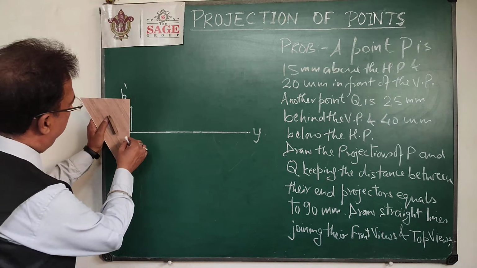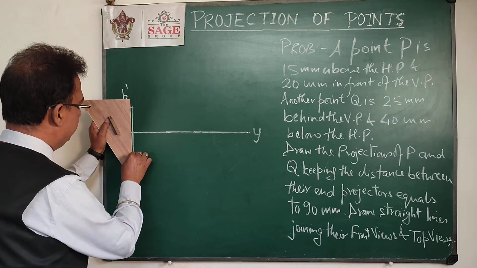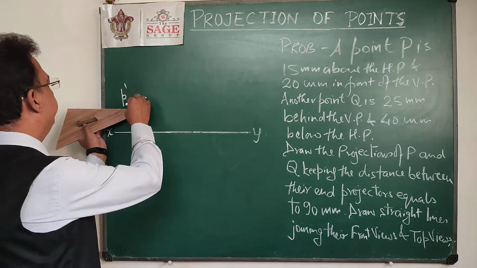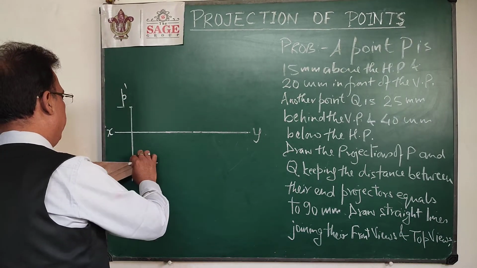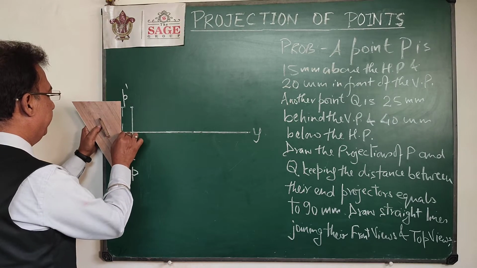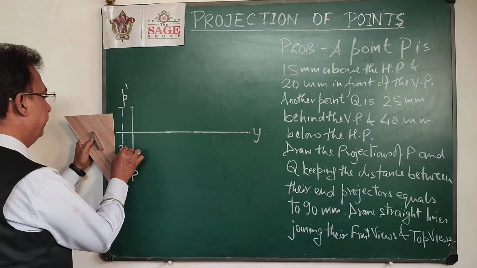Then that point is 20 mm in front of VP, so 20 mm below will be the point small p. So firstly we have plotted the point P. This is 15 mm and this is 20 mm.